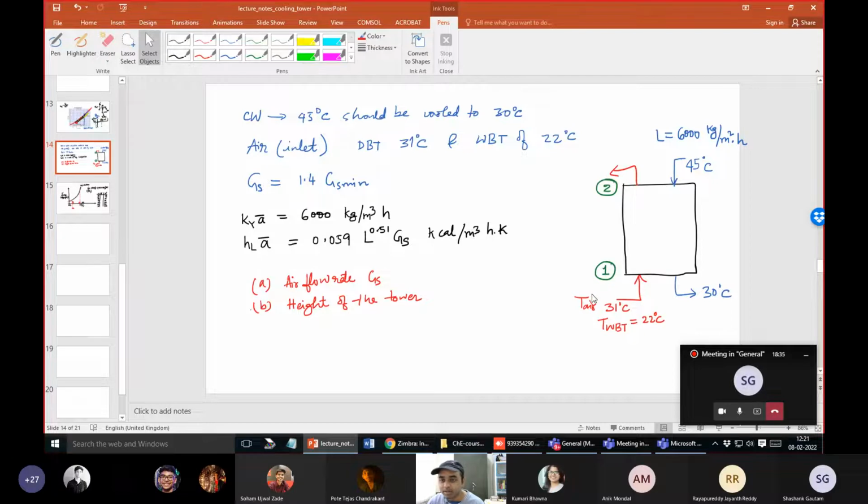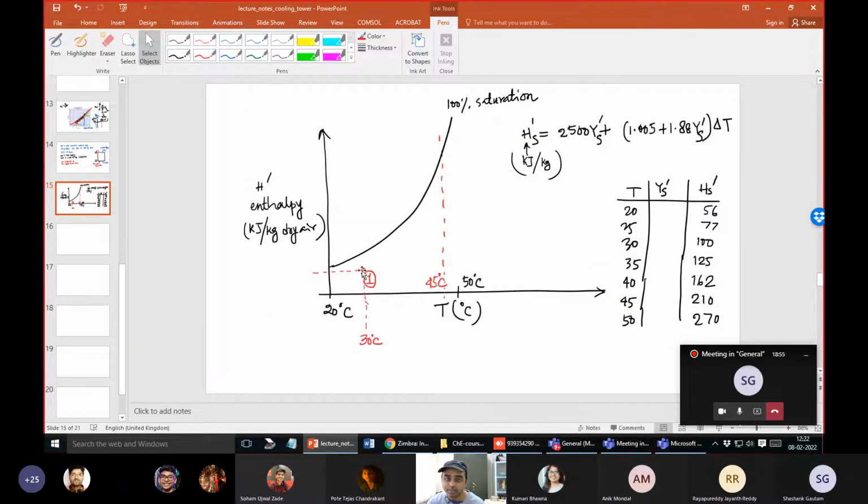This is something we have already done in a couple of classes before. You can get its relative humidity, its saturation humidity, saturated humid volume, enthalpy, everything can be found out. So can any one of you tell me what should be the enthalpy value of the inlet air? That will help us in fixing this point.